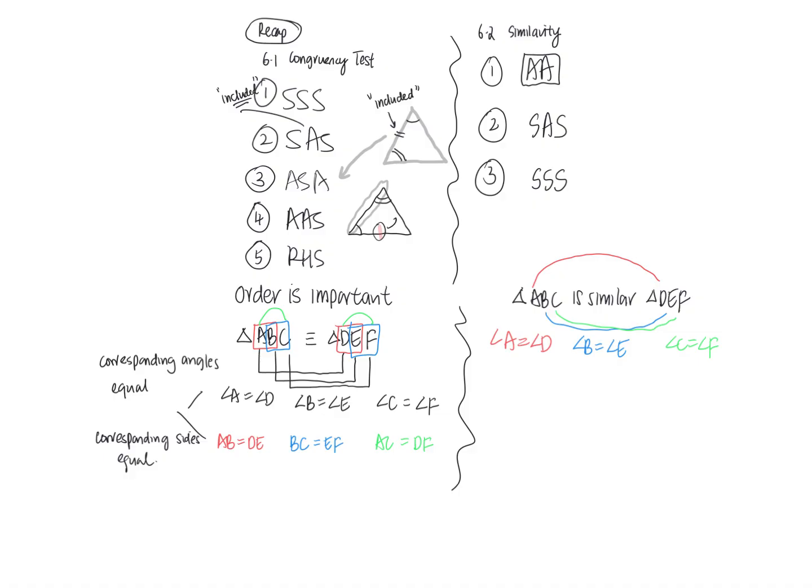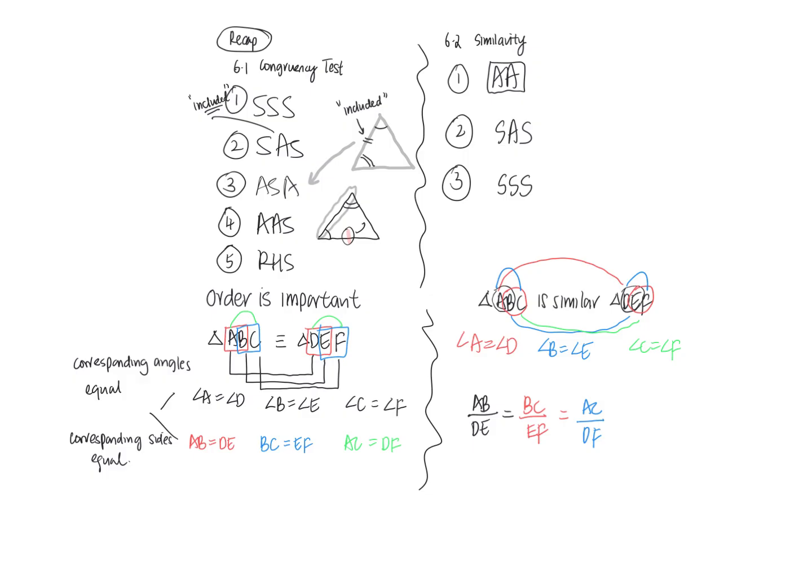Ratio, the proportion. So AB ratio with DE is equal to BC ratio with EF. And then the last pair is AC ratio with DF. Okay, of course you can reverse. You can say FD and with CA. You can reverse the order, it's fine.